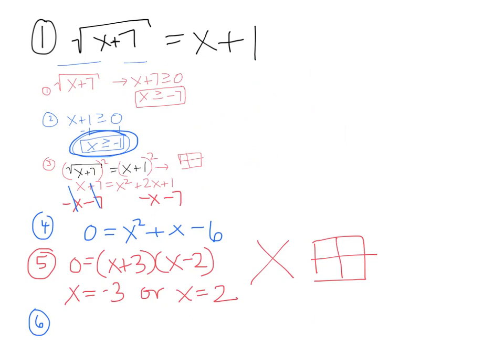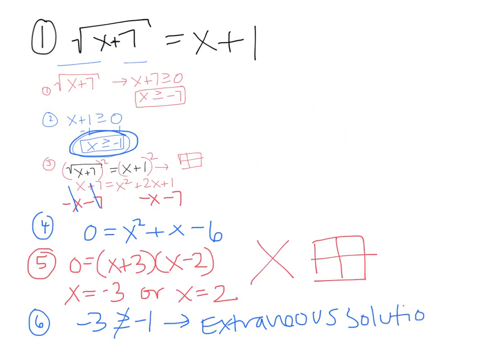So what I see here is that negative 3 is not bigger than or equal to negative 1, so this is an extraneous solution. Okay, so we're going to go ahead and move on to number 2, and obviously x equals 2 works because 2 is greater than or equal to negative 1, so that one's good.